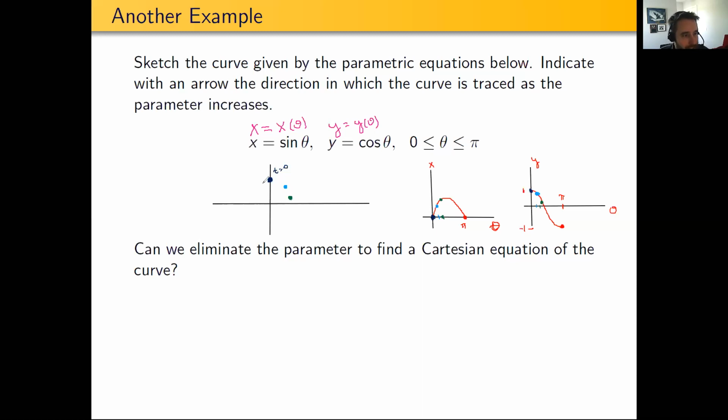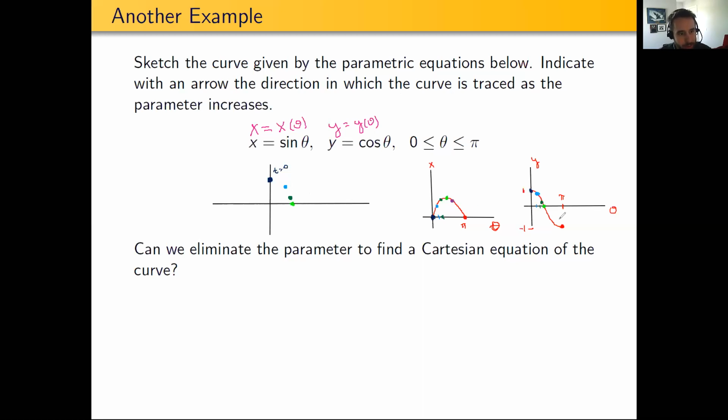My x value has increased slightly, my y value has decreased a fair bit, but is still positive. And at this point, which happens to be pi over 2, we have sine of pi over 2 is 1, cosine of pi over 2 is 0. And so let's say that that is right at about this point here. And then we can do the same for the next few. Let me go ahead and graph those quickly.